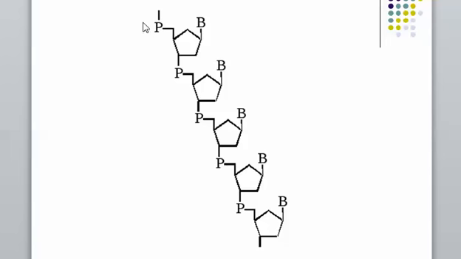So again, phosphorus, sugar, phosphorus, sugar, phosphorus, sugar, phosphorus, sugar, phosphorus, sugar. And these phosphorus are hooking up the sugars on the 5 prime and the 3 prime carbons. So that is another representation of the DNA molecule itself, or the RNA, depending on what version I have.